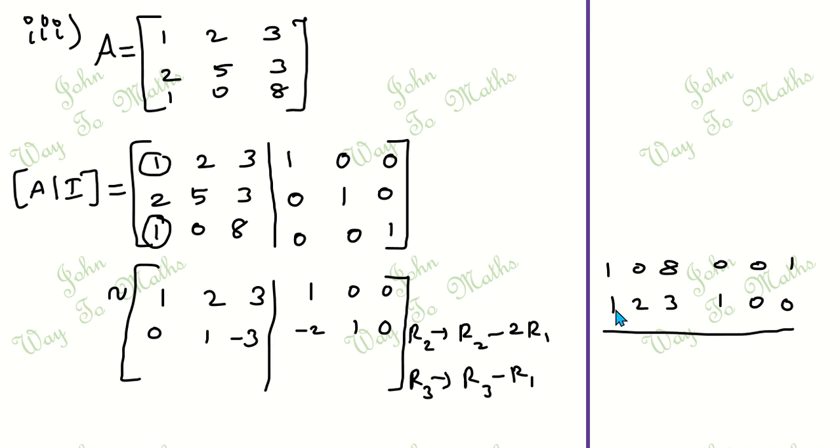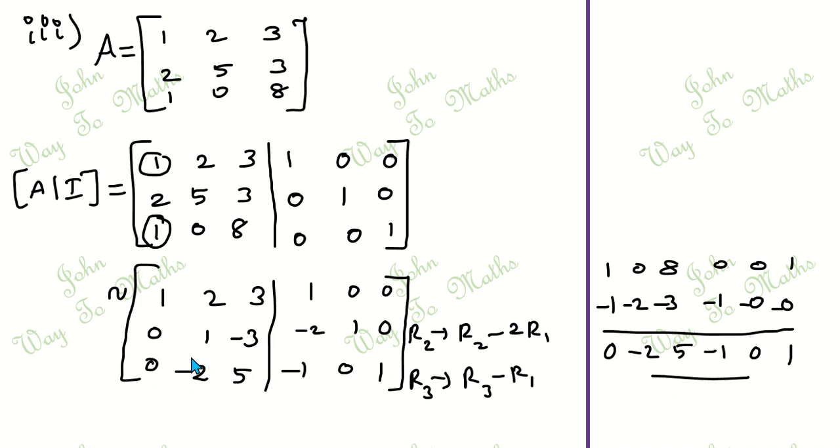Subtracting, 1 minus 1 is 0, then minus 2, 8 minus 3 becomes 5, then minus 1, 0, 1. So we enter 0 minus 2 5 minus 1 0 1.